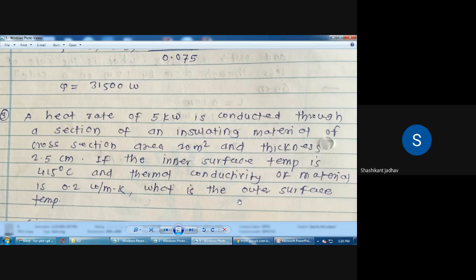Okay, by using the same equation we have to find out the value of outer surface temperature. So we have to find out the value of T2.